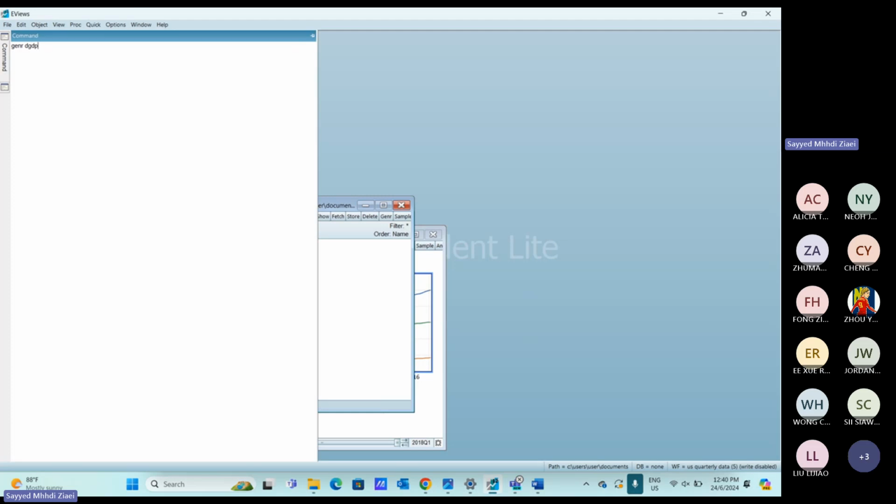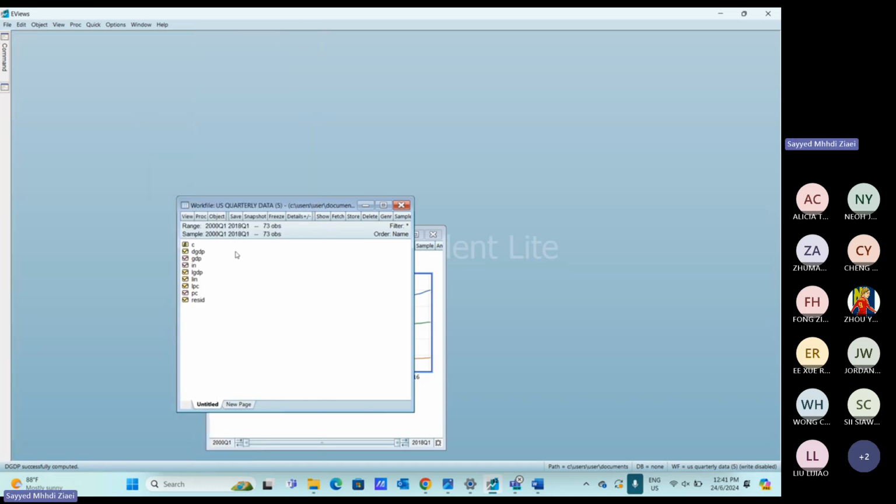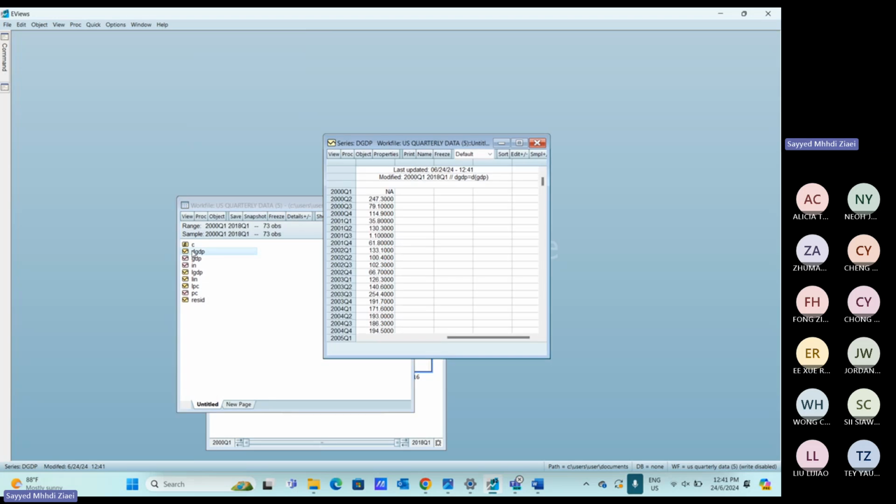D stands for delta. DGDP means D parenthesis GDP. So I define for the software what's the meaning of the delta GDP. Delta GDP means DGDP. Take the first difference between current value and the previous value, and then enter. So DGDP appears here.